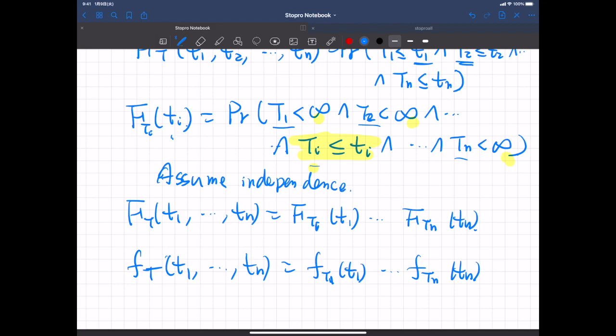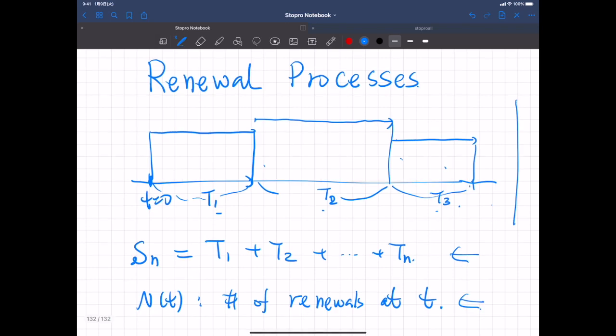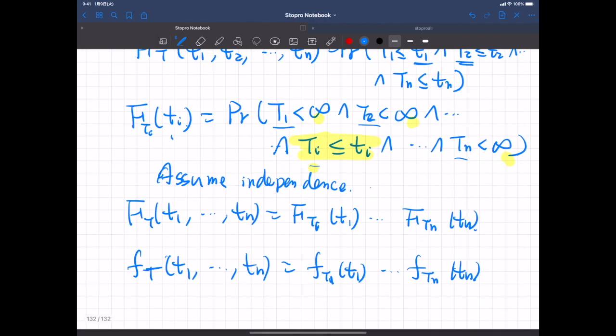This assumption is quite reasonable, because if we replace a component, then this duration of time should be independent of this duration of time. They are not related, so they are just independently, randomly picked components from the stock, maybe.